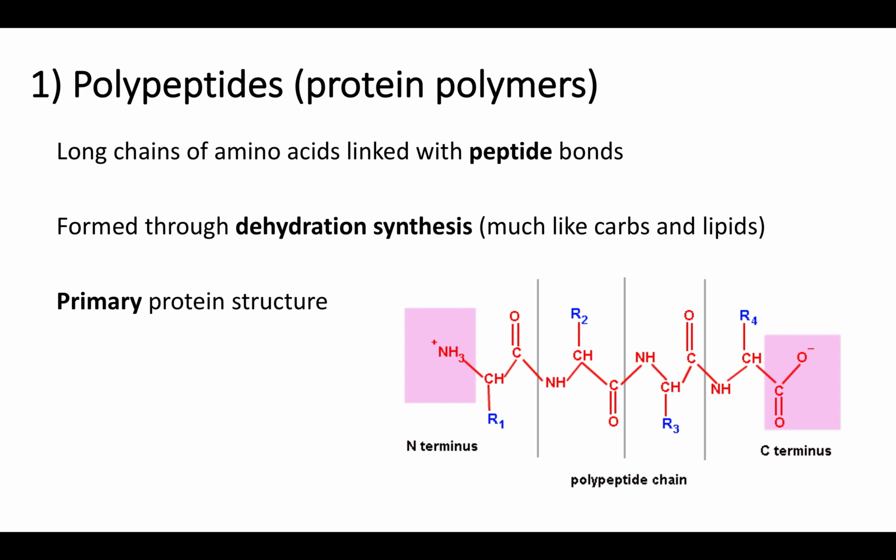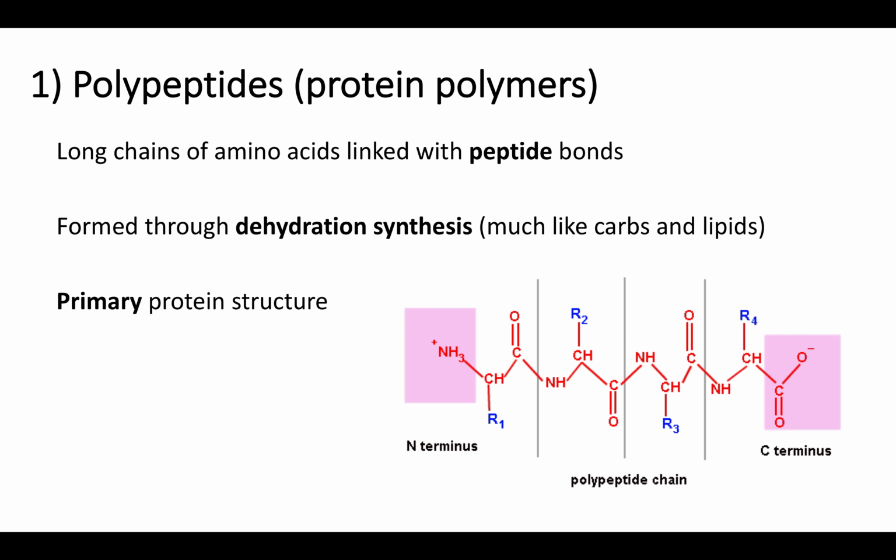This is what's referred to as the primary structure of a protein: a polypeptide, a polymer, a chain of amino acids joined with peptide bonds. It's just a chain, like a bunch of paper clips linked together. The analogy that I used in class was with pipe cleaners.